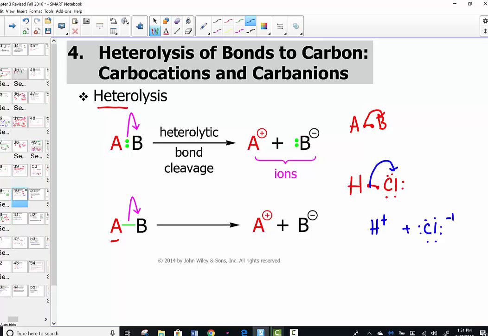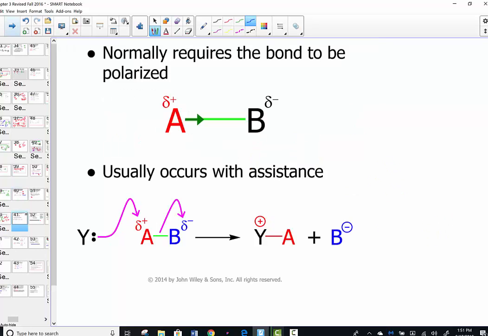That's a heterolytic bond cleavage. In other words, both sets of shared pair go in one direction. Not one in each, but one paired share goes with just one of the two species. And it isn't going to happen just spontaneously. It has to happen with some sort of influence, some sort of assistance.